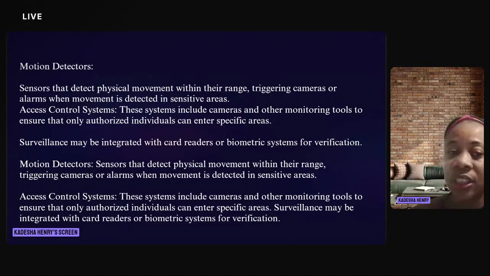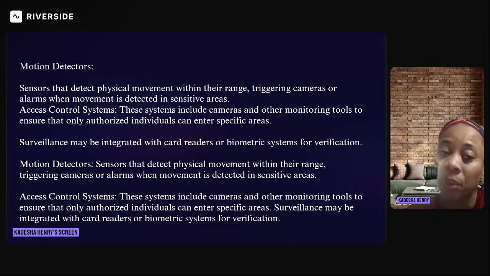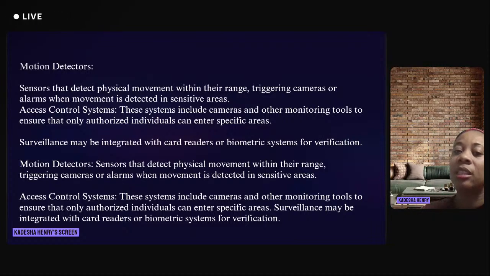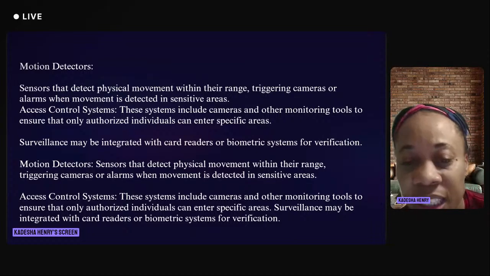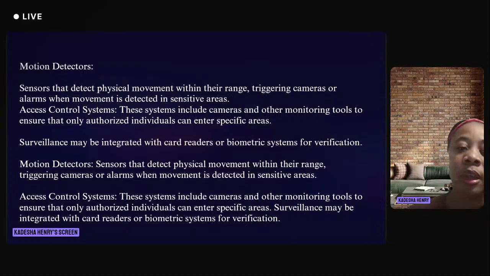So motion detectors are sensors that detect physical movement within their range, and they trigger cameras or alerts when movement is detected in a sensitive area, right? And then we have access control systems.